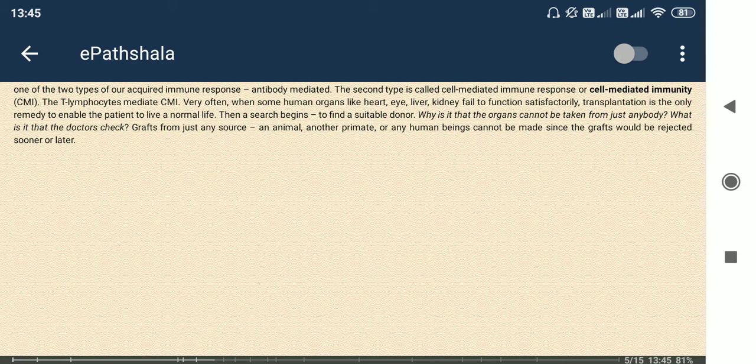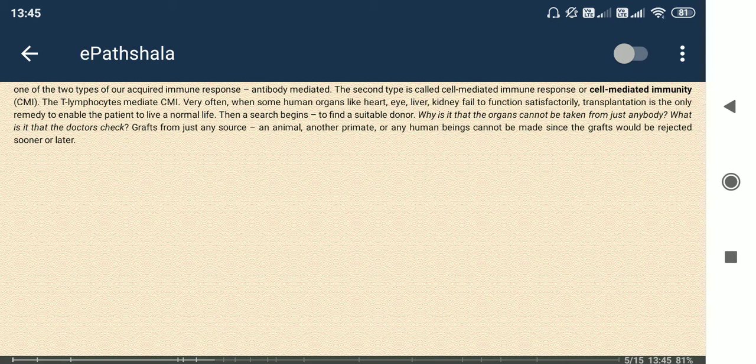There are many types of immunoglobulin. Immunoglobulin is written as Ig, capital I, small g: IgA, IgD, IgE, IgG, and IgM.